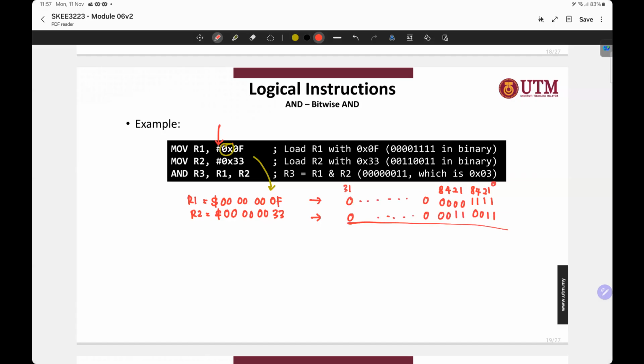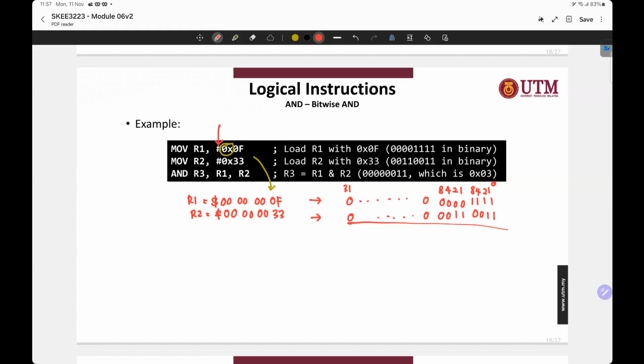Now after that, we do a logical AND between each of these bits until you have all 32 bits. As I mentioned earlier, for logical AND, if one of the inputs is a 0, then the output is always 0, and if both inputs are 1, then the output will be 1.